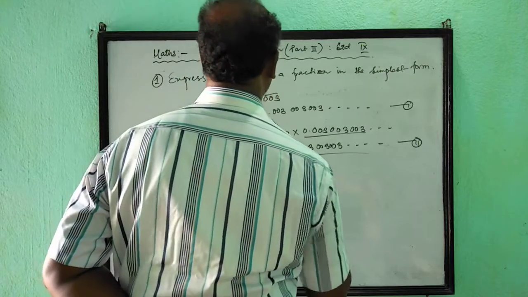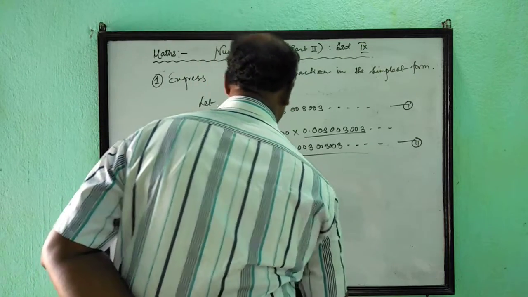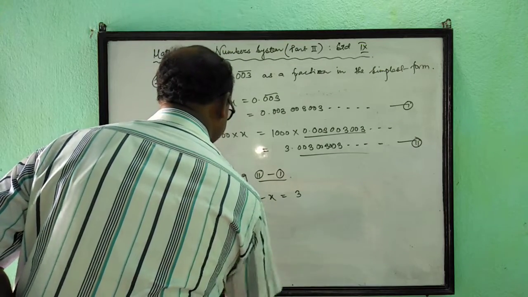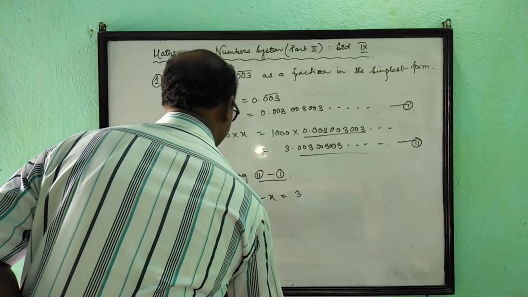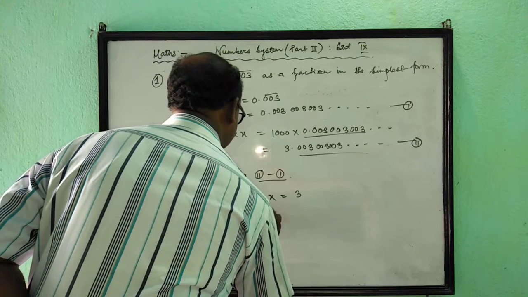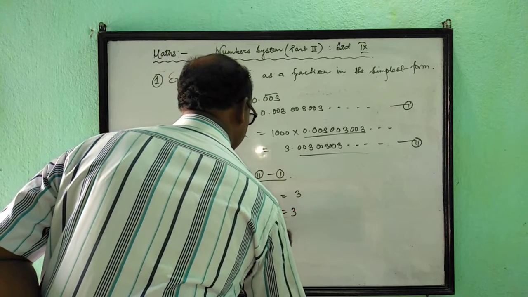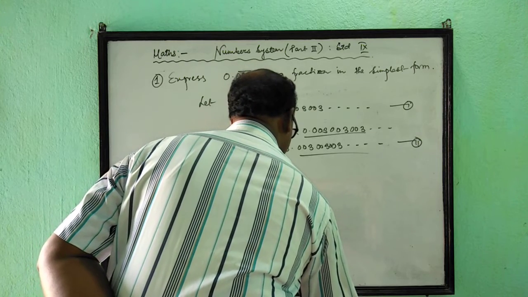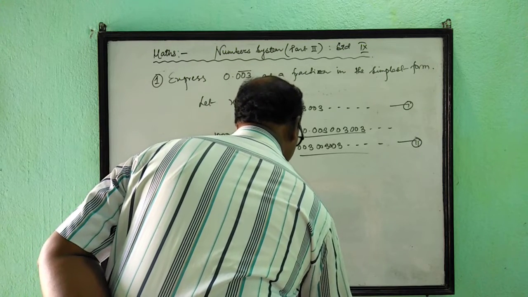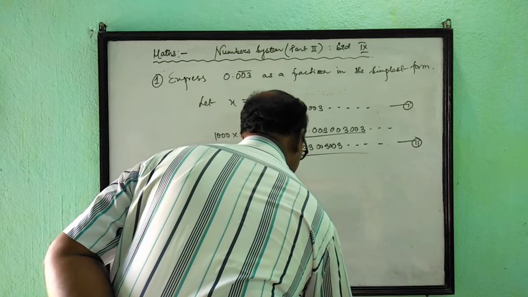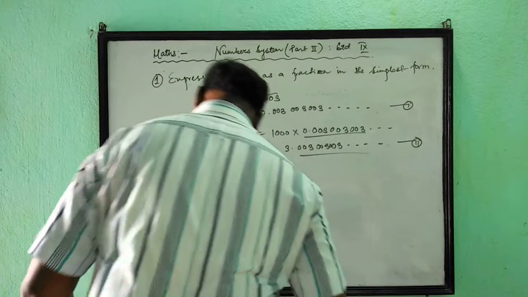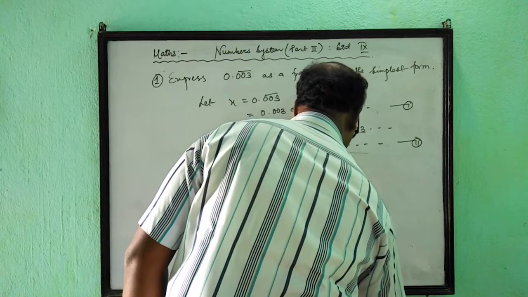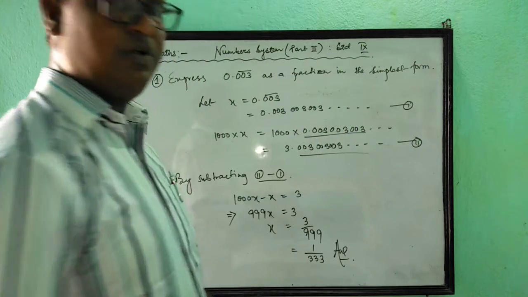The result is 3. That is why 999x equals 3. x equals 3 by 999 equals 1 by 333. This is the answer. Okay.